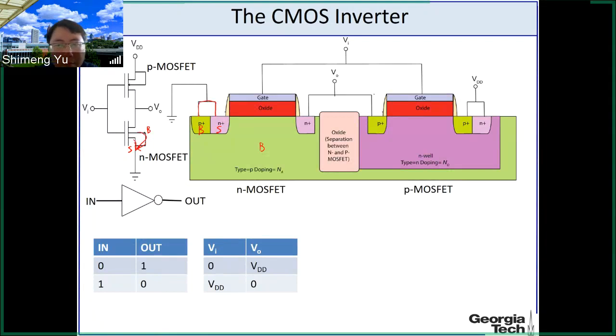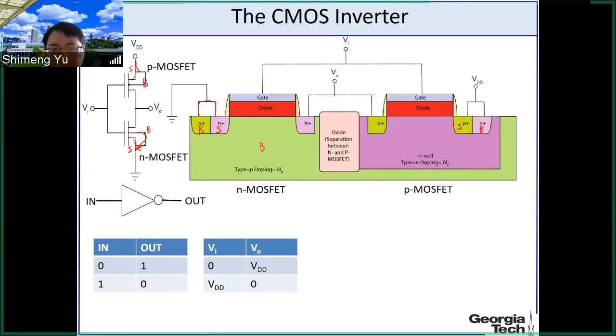Similarly for the PMOS, the body of the PMOS is typically attached to the source of the PMOS, together to the power supply VDD. So that's why here we have the PMOS source and the body for the PMOS, which is N-type.